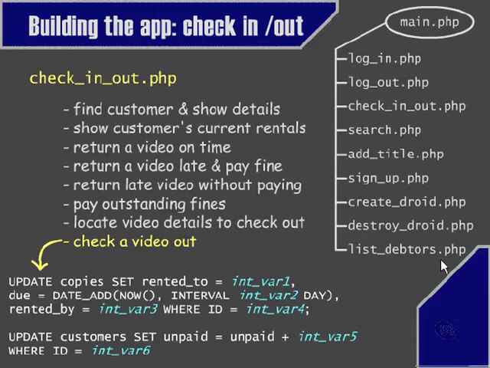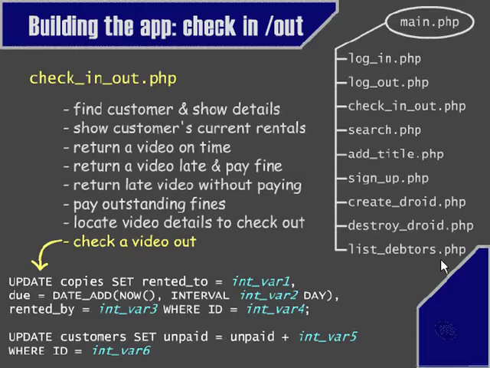The number of days is dependent on the status of the particular film, the copy of which the customer is checking out. New release can only be checked out for 1 day, whereas a standard release can be checked out for 3. Arbitrary figures, but that's what we've set for this particular application.